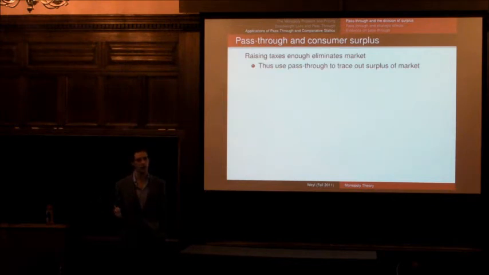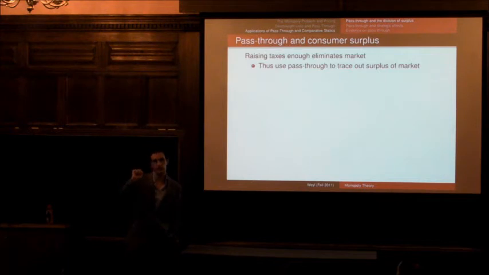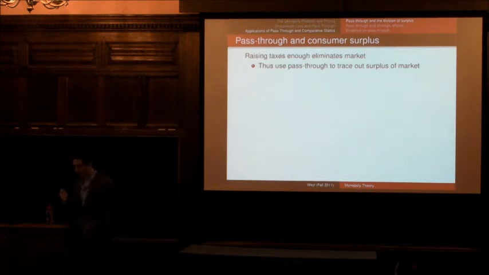Neither the monopolist is earning any profits, nor are the consumers earning any surplus, right? And so we can measure out the total surplus that the consumers and monopolists earn at equilibrium by adding up the surpluses that they lose as we impose these taxes. And that allows us to connect the pass-through rate to the division of surplus between the monopolist and the consumer.